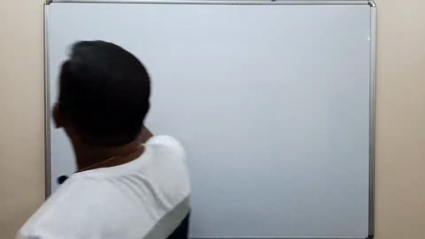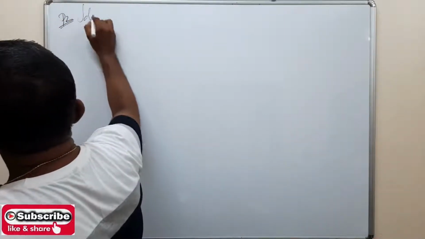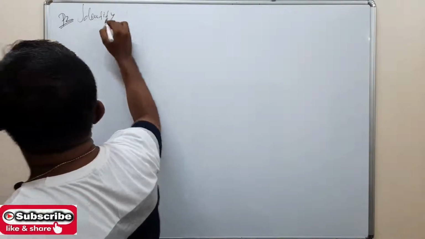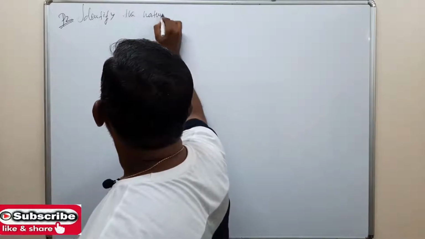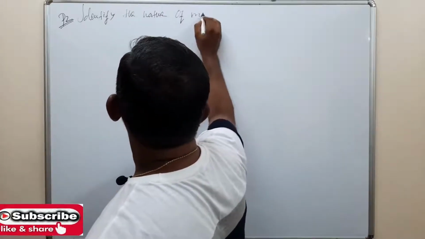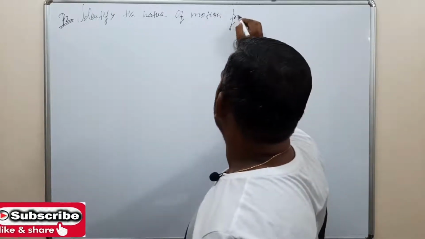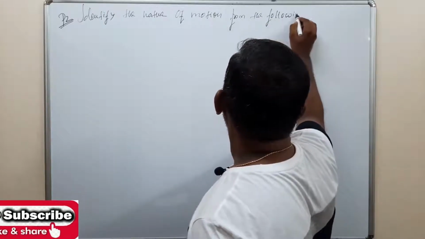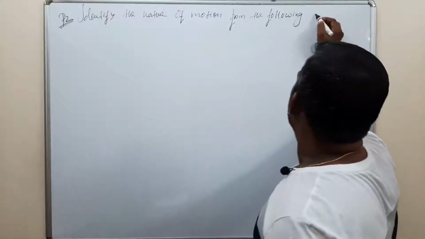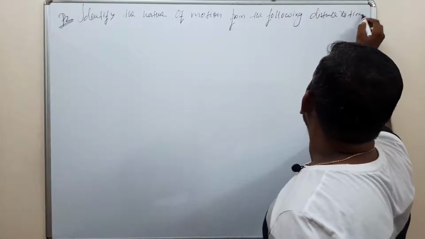So the second question. Identify the nature of motion from the following distance versus time graphs.